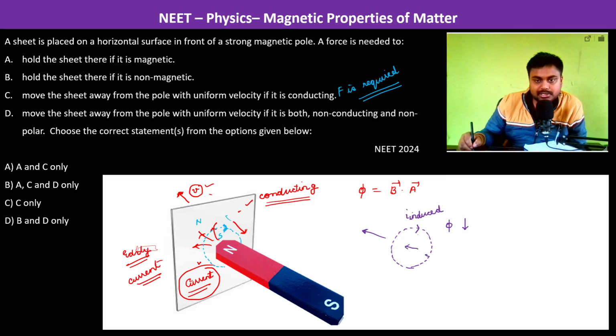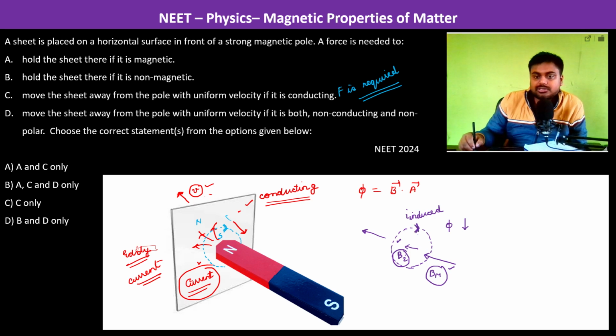Okay, because magnetic field due to the magnet was in this direction, and it is reducing, the intensity of the magnetic field is reducing as it is moving away. So therefore this is the magnetic field which is going to be induced by the current.